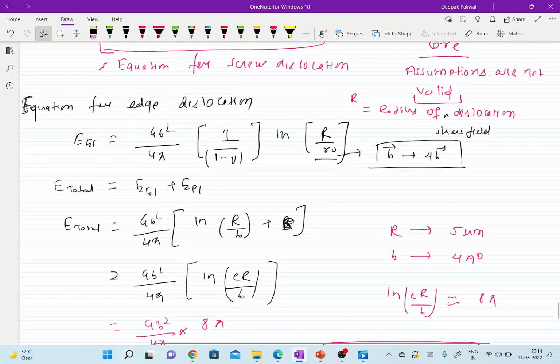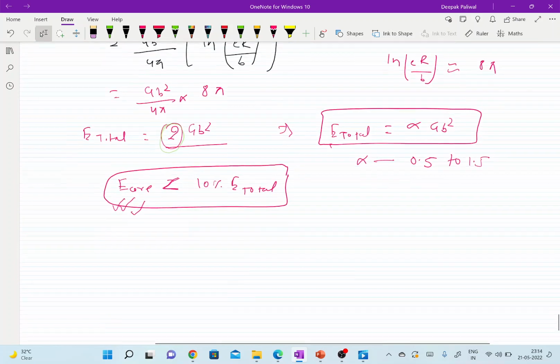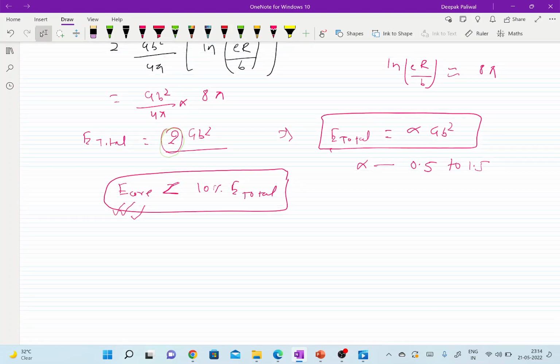And finally we have seen that the elastic energy due to the core of the dislocation contributes very little. So for avoiding complications in the calculation of the total energy, sometimes we also avoid the energy of the dislocation core. In this lecture we have learned about all these things.